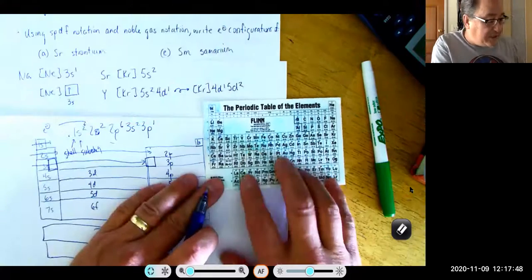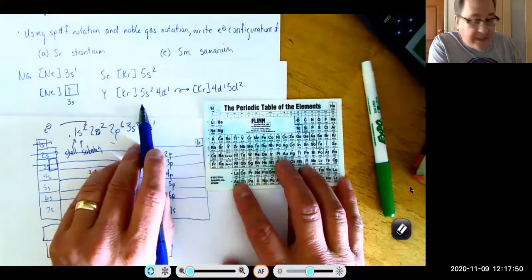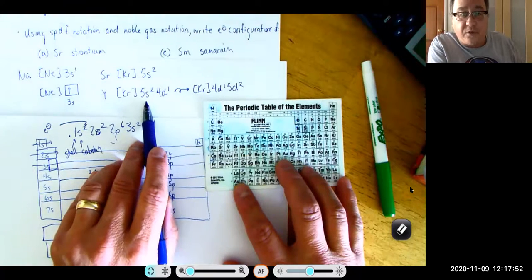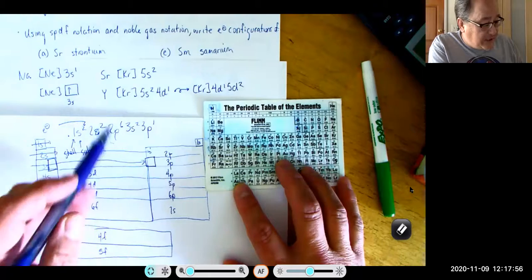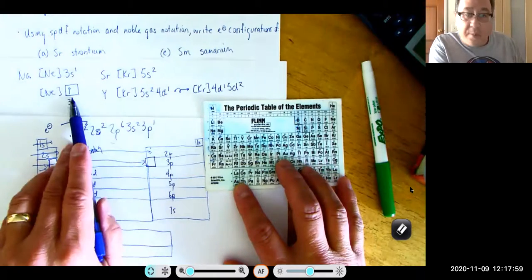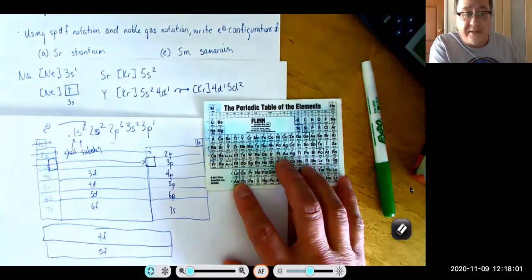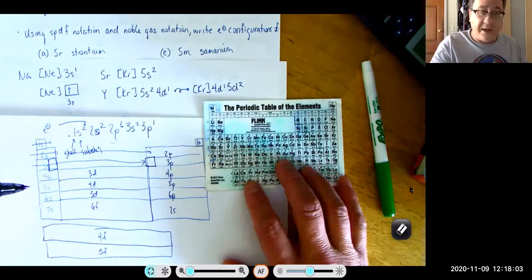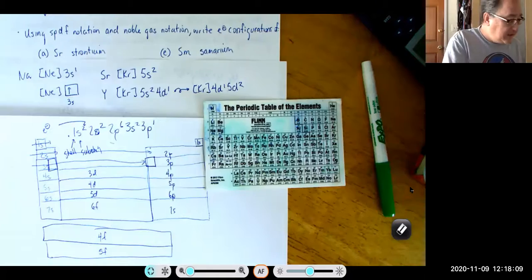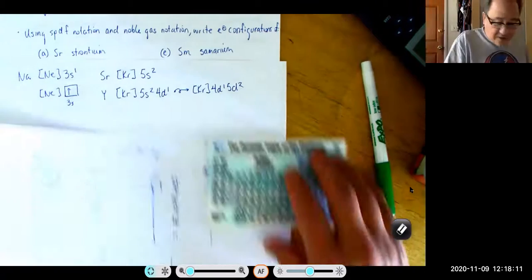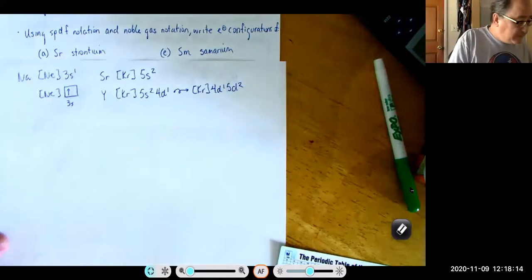So with the noble gas SPDF, you still have to do a rearrangement if necessary. And if you do the noble gas orbital box, you still have to do arrangement if necessary. Are you guys okay with that? Okay, well then here, your job is now to write the electron configuration for zirconium.